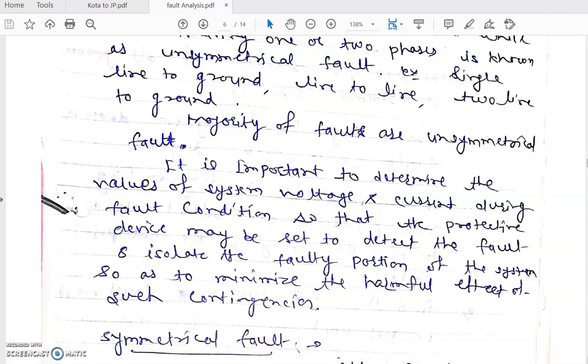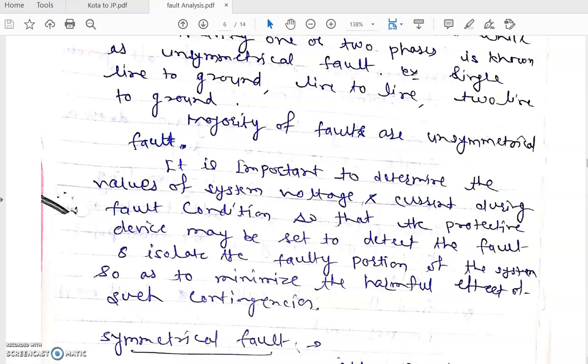If we don't know the effect and severity of a fault, how much current will flow if a particular type of fault occurs, then how do we decide the rating of the protection system? So to design the protection system, it is very important to calculate the fault current and fault parameters.